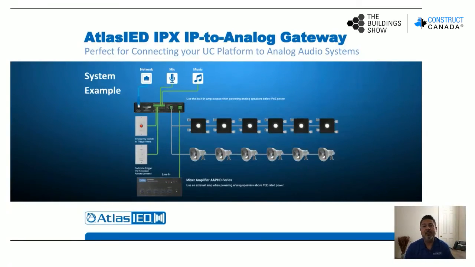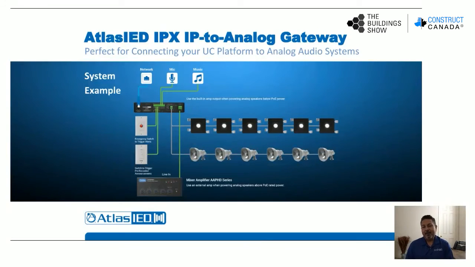How that works is those IP to analog gateways will pull network audio off the network and convert it into standard balanced line level audio connectivity for any type of analog systems that are going to play a role in these critical alerts or standard communication scenarios. So using that IP to analog gateway is a great means to handshake with analog systems, especially those that could be quite big, like a performance art venue or, again, an athletics venue.